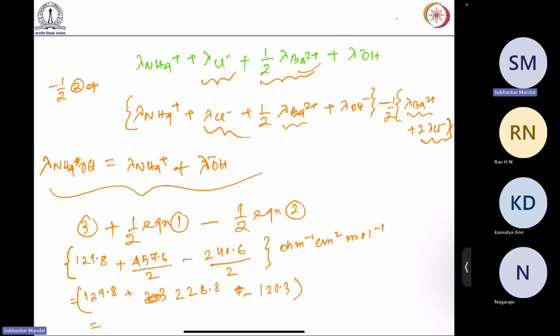How much will it be? If people can calculate this one, how much will it be? Total 238.3 ohm inverse centimeter square mole inverse. Okay, so this is the answer.